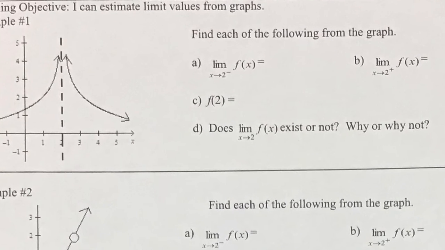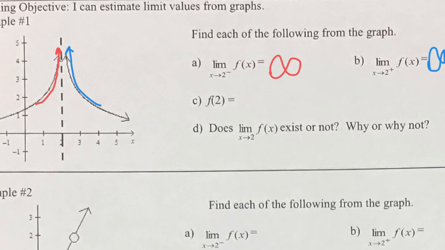So looking at this graph, what is the limit as x approaches 2 from the left? From the left, as x approaches 2, where is the graph going? To positive infinity, right? The graph is going up and up and up without bound, going to positive infinity. And what about from the right? It's also going up to infinity.